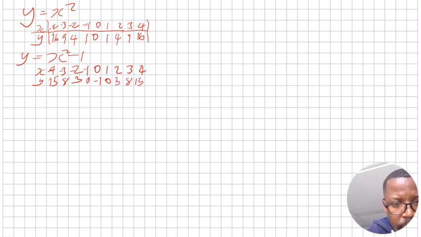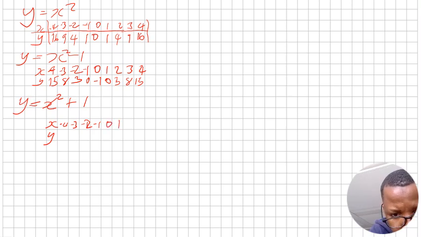Okay, so that's that. The last one is y is equal to x squared plus 1. Table values, we have x and y, and it should move from -4, -3, -2, -1, 0, 1, 2, 3, 4.